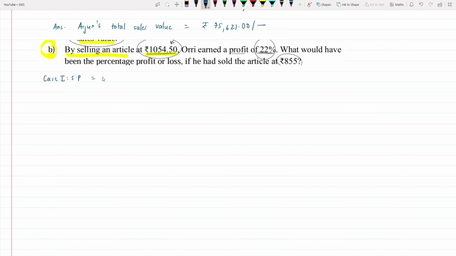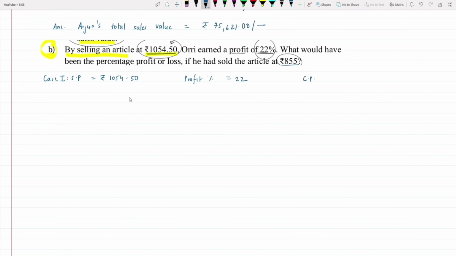So in case 1, the selling price of the object is 1054.50 rupees and he earned a profit percentage of 22. Now we are very much interested in knowing the cost price, so we can use it in figuring out whether in the next transaction, which is a hypothetical one where he is selling the object at 855 rupees, it is going to be a profit or a loss, and we need to evaluate the percentage value.